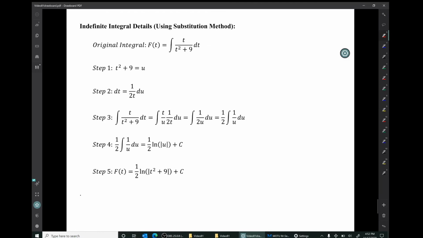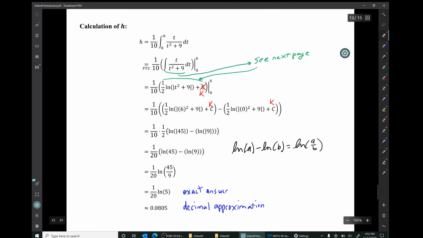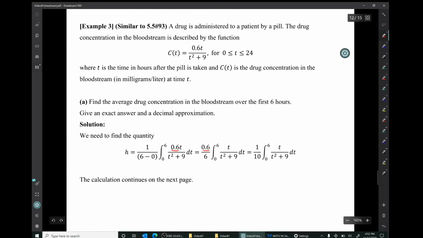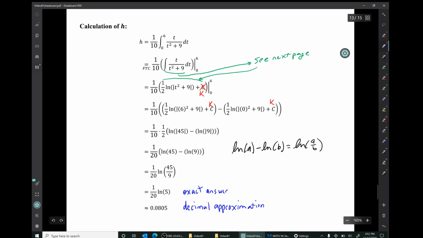Now here are the indefinite integral details. Remember that after we simplified on the previous page, we had 1/10 times this definite integral. And then we use the fundamental theorem of calculus to replace this definite integral with this calculation involving this indefinite integral.